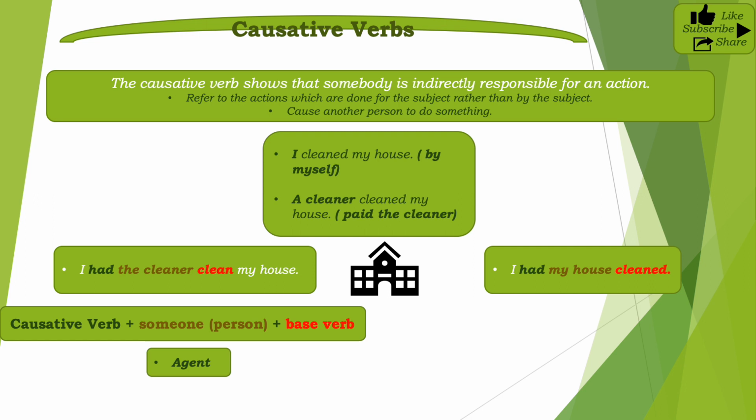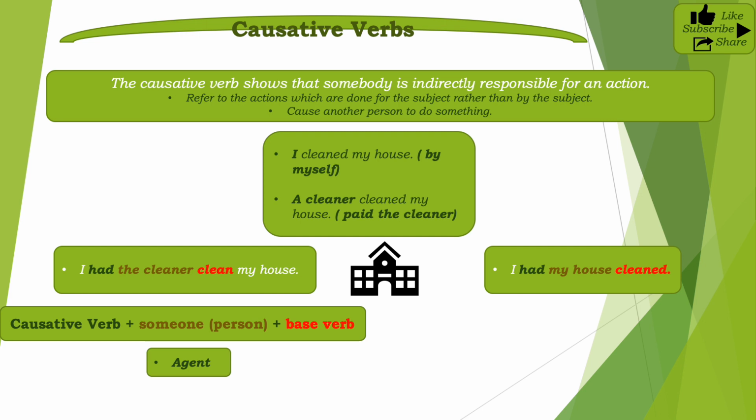It seems like a passive. It sounds like a passive sentence. Some people argue that this is a passive sentence, or it is called causative passive. But I have a different opinion, and some other English teachers do too, because if you look at the first sentence, I had the cleaner clean my house.